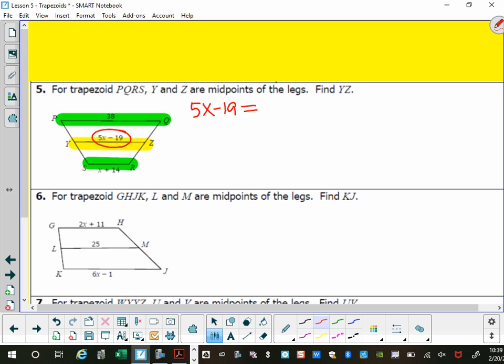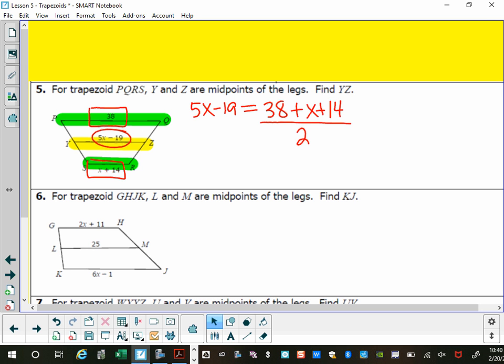All right, next what we are going to do is add up our other two parallel lines. So I have 38 plus whatever's on the bottom, which is x plus 14, which is divided by 2. That divided by 2 is just a part of our equation.